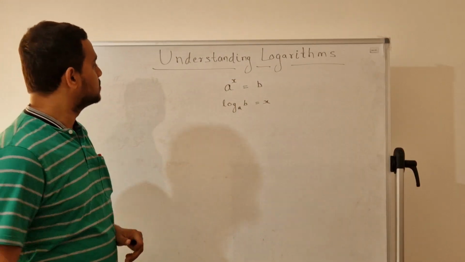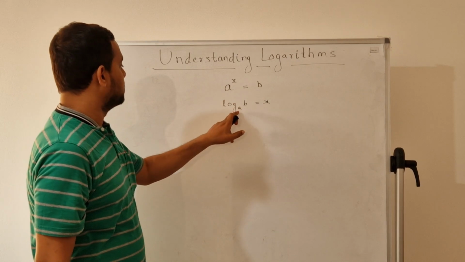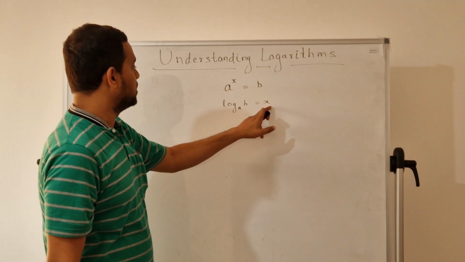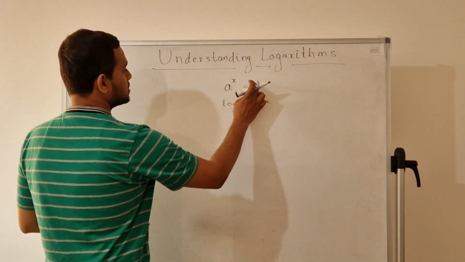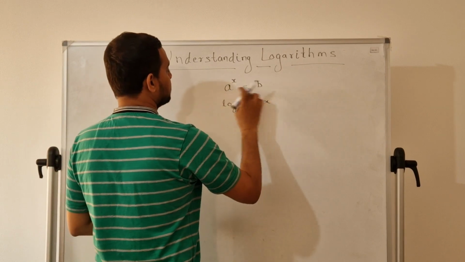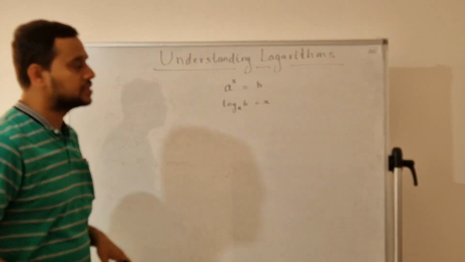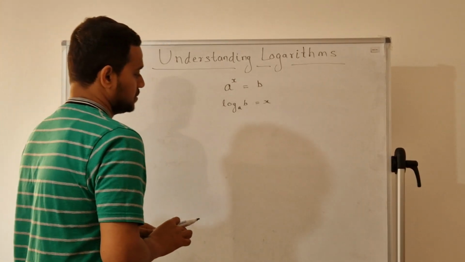What have we done here? All we have done is shuffle those numbers. a came here, x came here, and b came here. We haven't changed anything. Whatever this was, we have just rewritten it in a different format. This is what logarithms are. Rewriting the exponents in a different format. That's it.